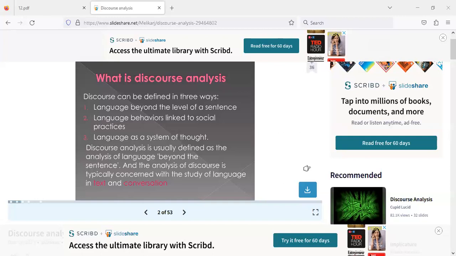Of course, you may also have the relationship among the sentences in a text. If you get a paragraph, we will study that also. I think in your manual you also have an example. We'll do that later on. So discourse can be defined as language beyond the level of a sentence. It's not merely a sentence that we are going to analyze.